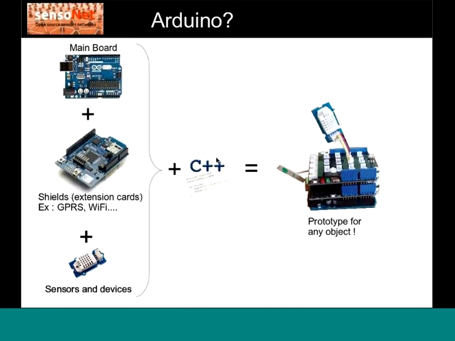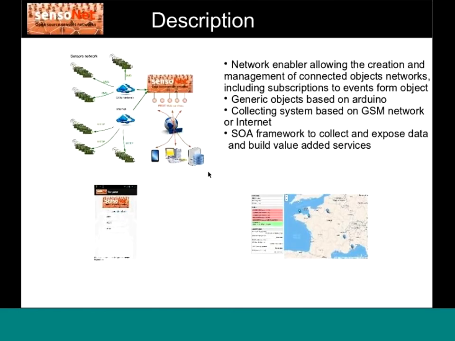So I spoke about Emerginov, I spoke about Arduinos, so now let's speak about Sensonet itself. Sensonet is in fact an enabler. It's an enabler which allows you to create and to prototype any kind of connected object. It can be, of course, a sensor network. At the beginning it was only for sensors, so the name is coming from here.